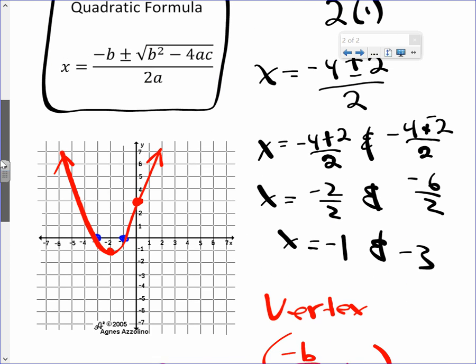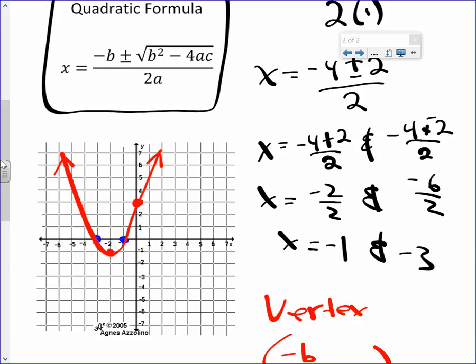So I plotted it, it crosses the y-axis at 3. The x-intercepts are right here in blue, y-intercepts in red, vertex is in red. We're rocking and rolling.